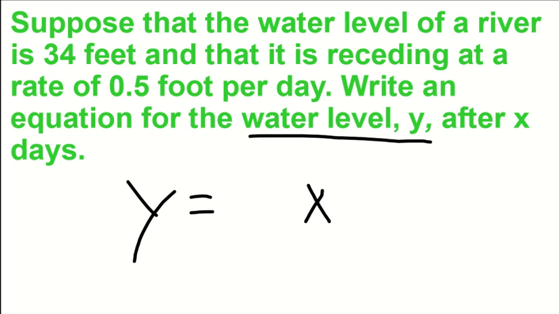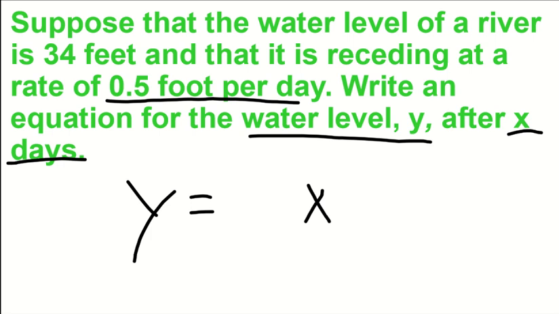The water level, like I just said, is the total amount of water. X is the number of days, days is the time. So you see this fits with that stuff. Do we see any of the other types of words? Per. If we see per, that's going to be our slope. It's half a foot per day.